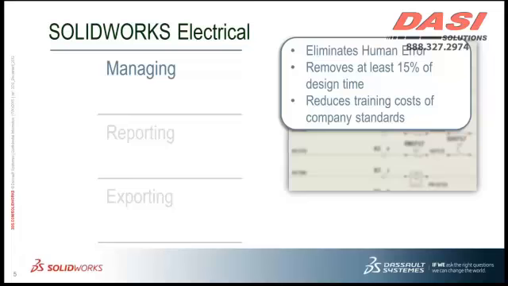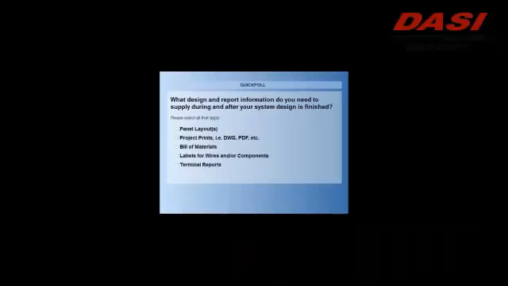Kind of segueing into our next section, I'm going to launch a quick poll question that is going to ask you a little bit more about what types of things you do to provide information to other people when you're doing your design, both during and after your system design is done. Here is a list of options that might be information that you're supporting to those other departments or suppliers.